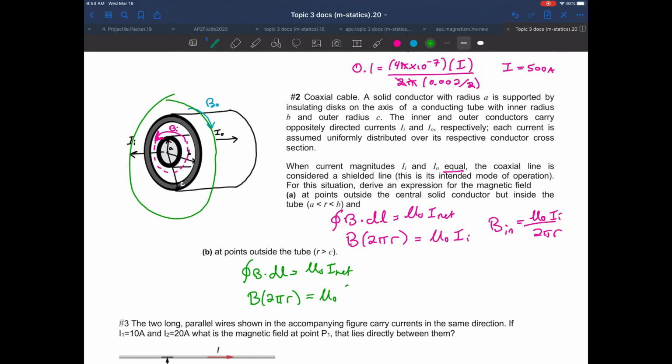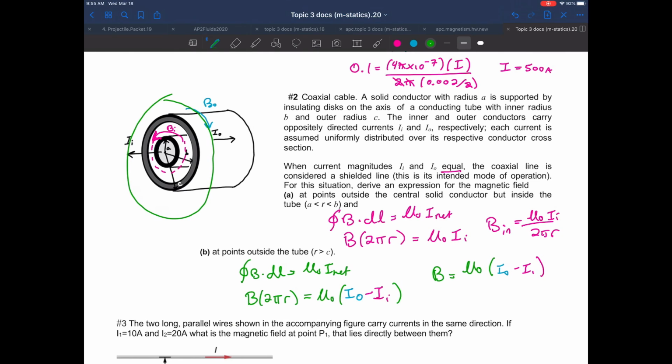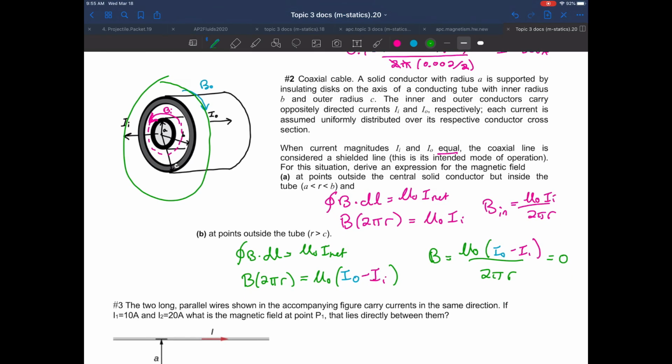But when we write I net, we're going to enclose I outer and I inner, and they're going to be in opposite directions. So B will be mu naught times the difference between I outer and I inner, over 2 pi r. And if the two values are equal, this should simplify down to 0, which is the idea of magnetic shielding.